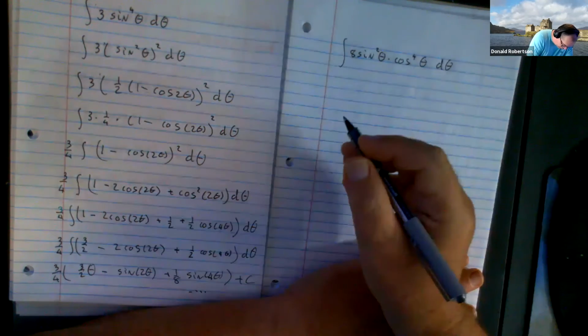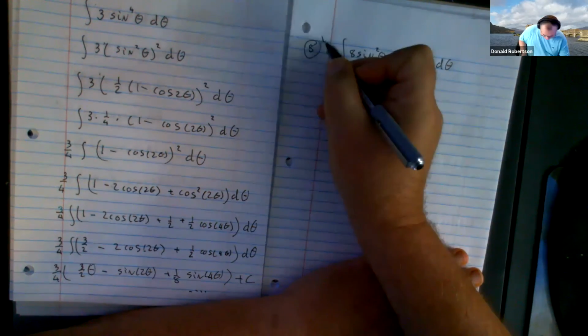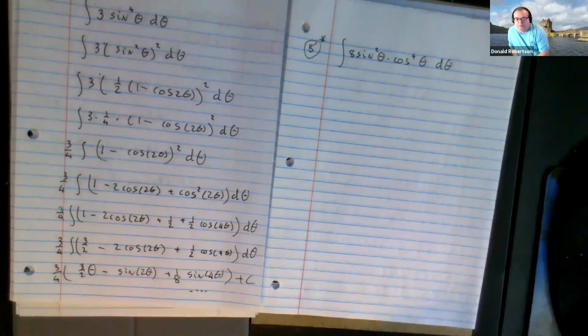And this is a version of question 8. What do you do when sines and cosines are both even? That's the problem.